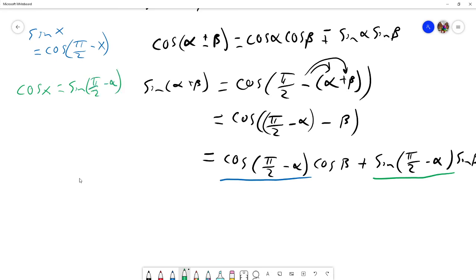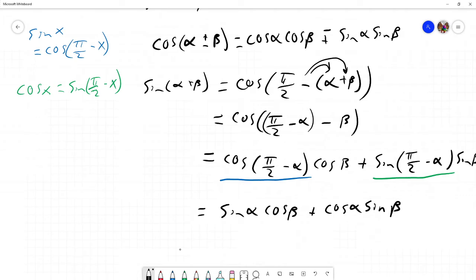So we can use this cofunction identity, and that'll take care of the sine of pi over 2 minus alpha. Oh, I put alpha, that needs to be an x right there. There we go. So using our two cofunction identities, this becomes sine alpha cosine beta plus cosine alpha sine beta. That's the addition identity.